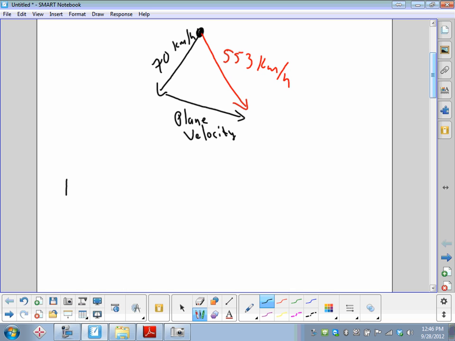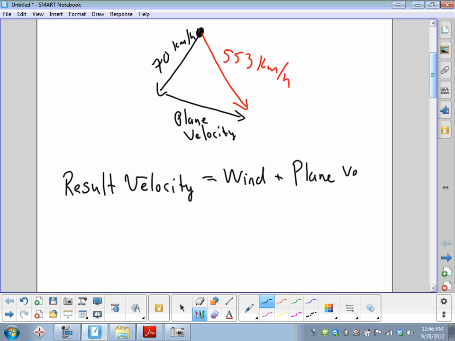So the resultant velocity has got to equal the velocity of the wind added to the plane velocity. Remember, it's the plane velocity that we're trying to solve for.